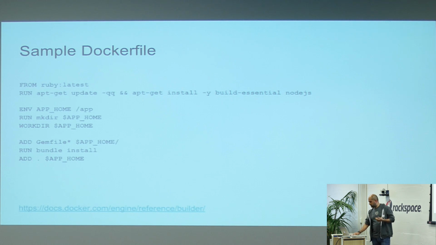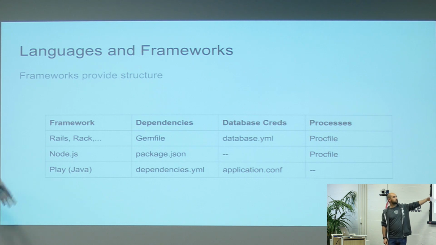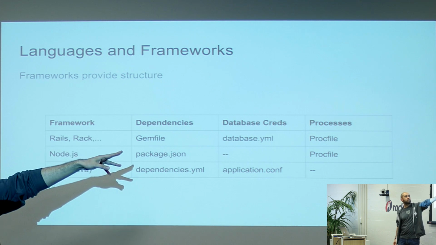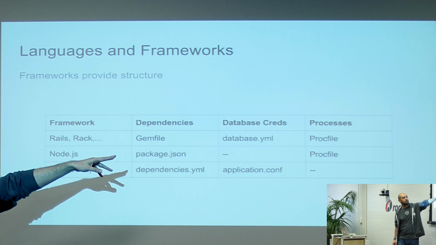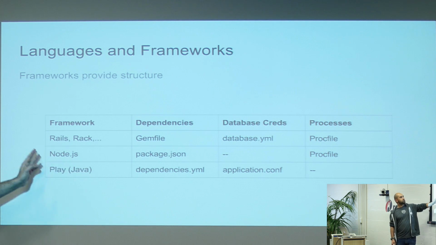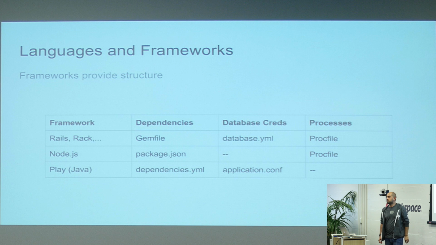Ruby does the same thing, which you can see in something like this. So for Ruby, Rails, all that rack-based stuff, you have the dependencies in something called the Gemfile. The database credentials are in database.yml. The processes could be in a Procfile if you come from Heroku. Node.js, same, like Play in Java and PHP. And you can imagine an application that you just run as an executable against the folder that you have your code base in, and it detects those things and then comes up with a Dockerfile.